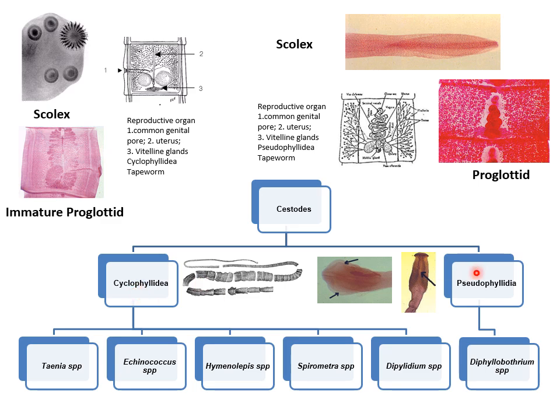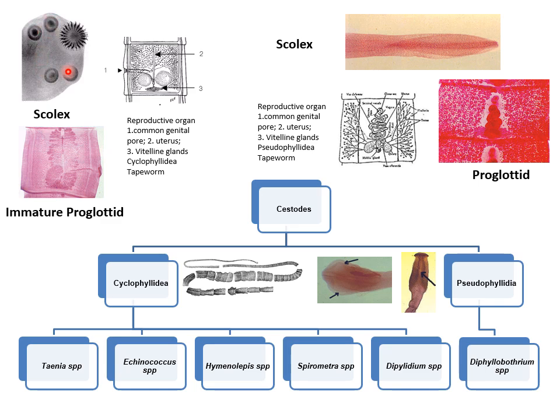Cestodes are divided into Cyclophyllidea and Pseudophyllidea. Under Cyclophyllidea, we regroup Taenia, Echinococcus, Hymenolepis, Spirometra, and Dipylidium species. Under Pseudophyllidea, the single species is Diphyllobothrium latum. If we are to compare now Cyclophyllidea to Pseudophyllidea, we have to first start with the scolex, which is the head of the worm.